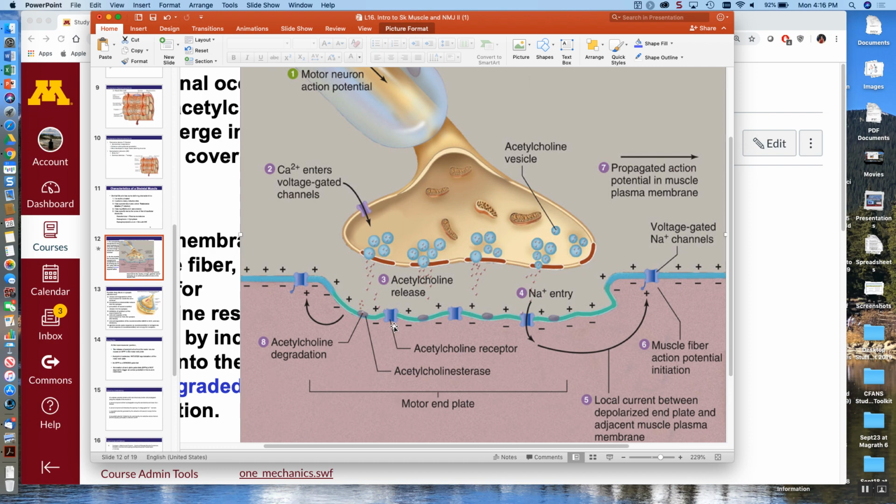Okay? Here's where the graded potentials are. Along the sarcolemma and T-tubules, you're going to get action potentials. Okay? Does that make sense to everyone?